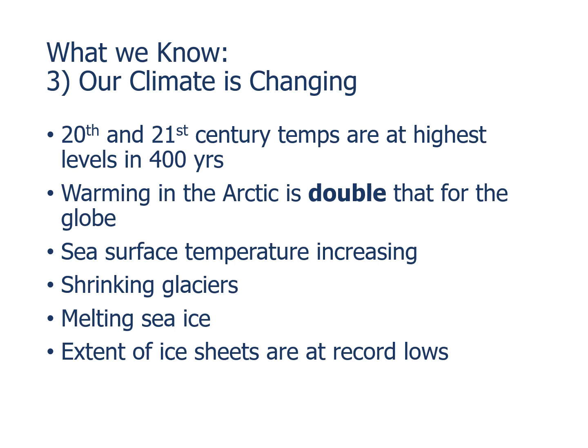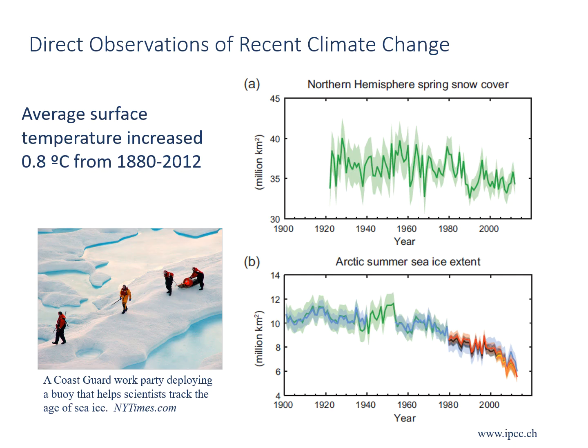Okay, sailing north from the Atlantic Ocean, they're able to make it through there now, when 50 years ago that was not the case. All right, now what I'm going to show you in the next few slides is some direct observations of recent climate change, okay? So the average surface temperature increased 0.8 degrees Celsius between 1880 and 2012.